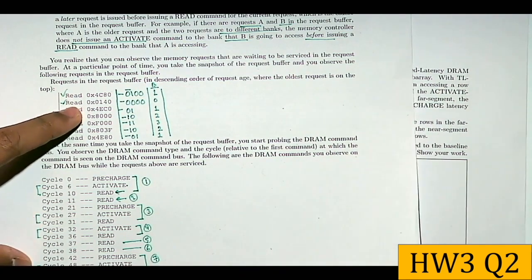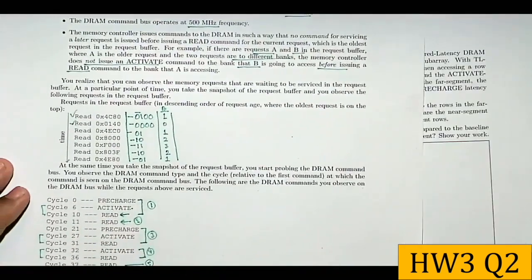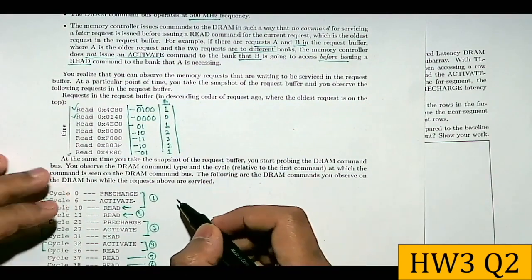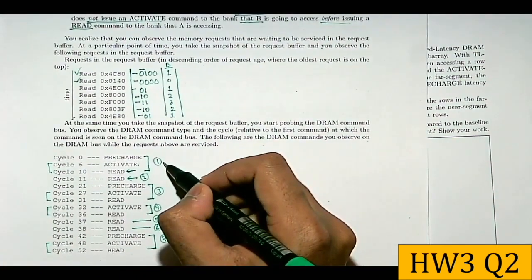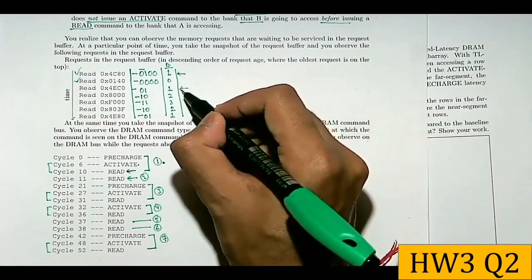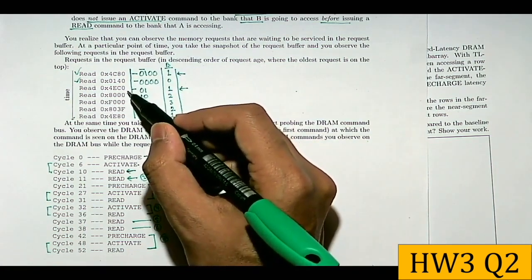Okay. So now the question is activate to pre-charge latency. Let's say access 1 and access 3. These two accesses are going to the same bank. Make sense?